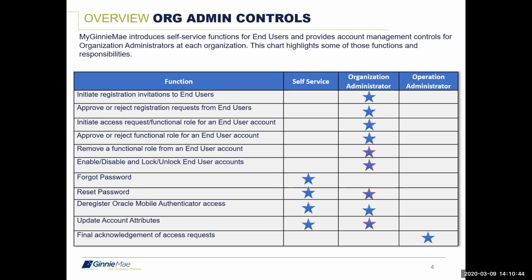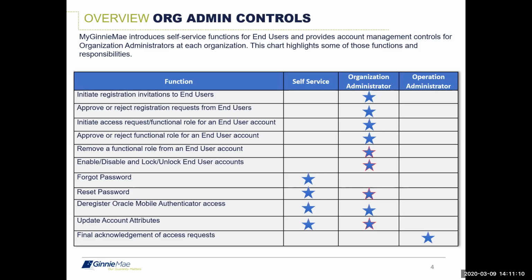And the last thing that we will cover today as it relates to account management is updating account attributes. You're able to go in and update a user's phone number, their job title, and more importantly, you're able to add an RSA token. So through the registration process, a user is asked to enter a registration RSA token serial number in their registration form.